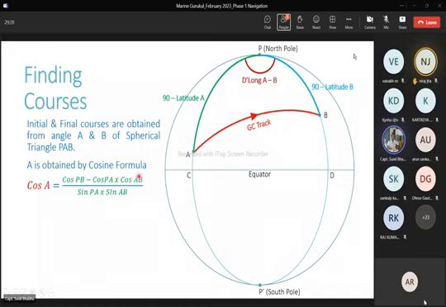Again, reminder to you, the AB side which we are going to use here will be the value of AB in degrees and minutes. We converted into whole minutes to find out the great circle distance, but whenever we use side AB for any calculations, we do not use the minutes format, we use the degree minute format.